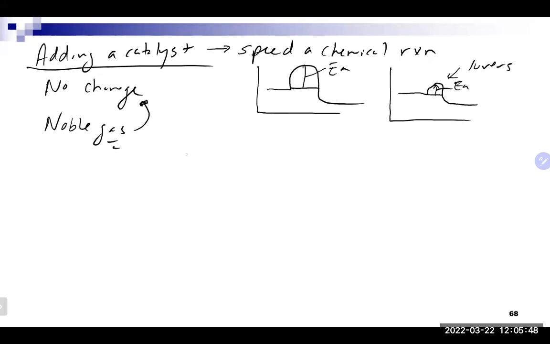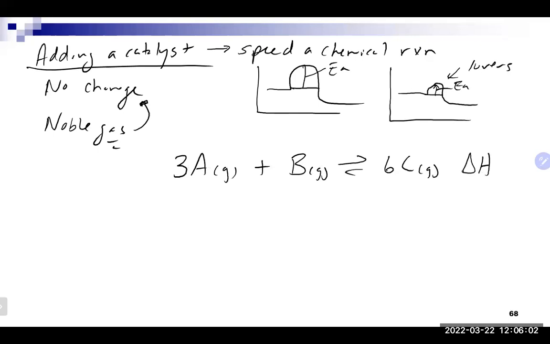All right, so let's make up one here. We'll do A plus B goes to 6C. We'll do delta H is positive 125 kilojoules.